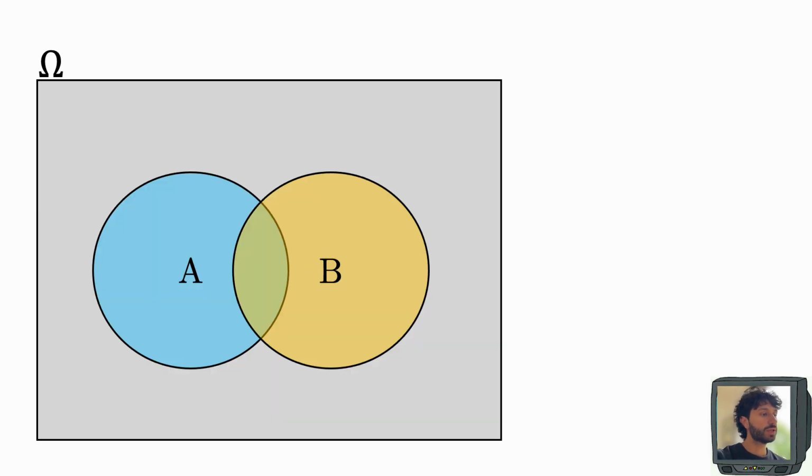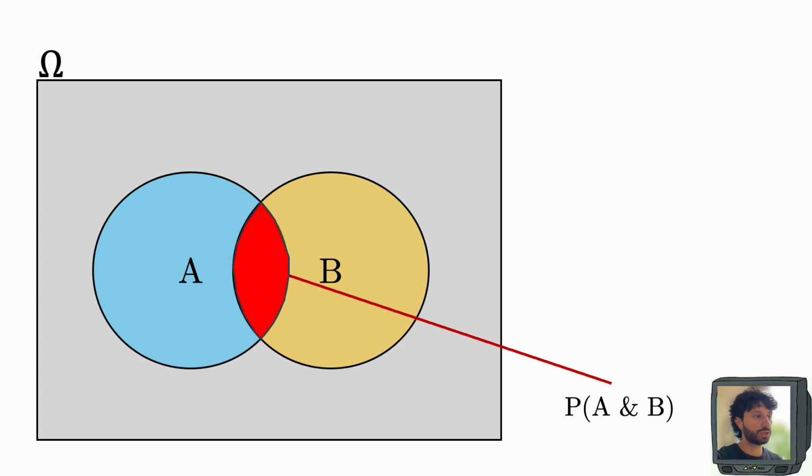So suppose that we have again our probability space with A and B. Where is A and B in this diagram? Well, it's in this shaded part where the A and B intersect, right? And so if we want to know the probability of A and B, it's kind of the area of this red shaded part compared to the rest of the rectangle.